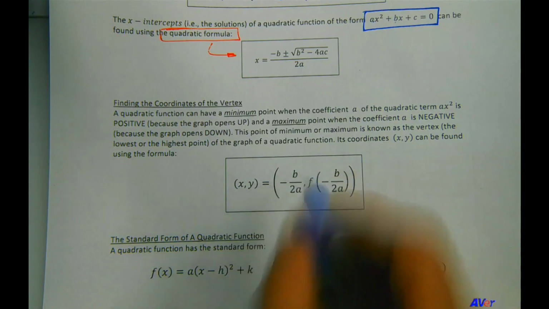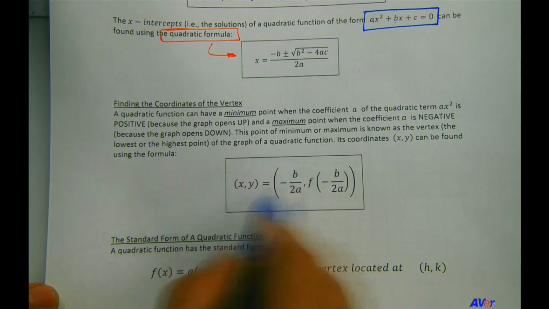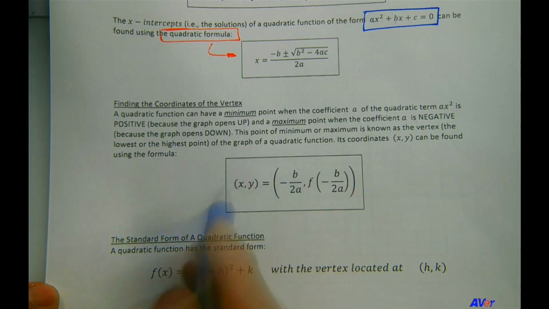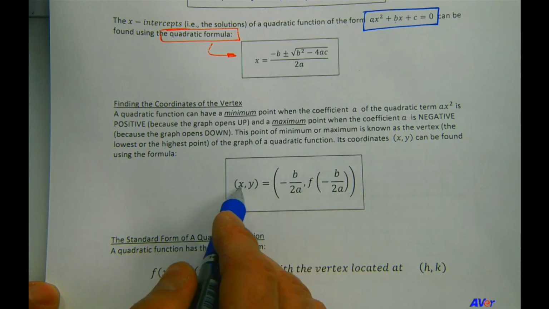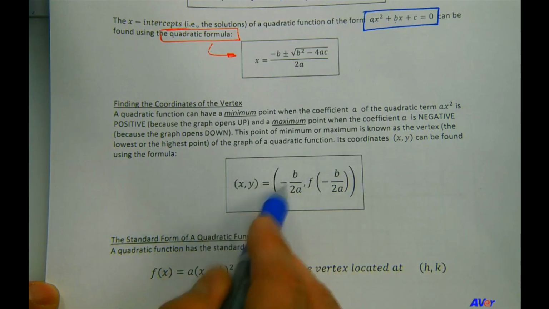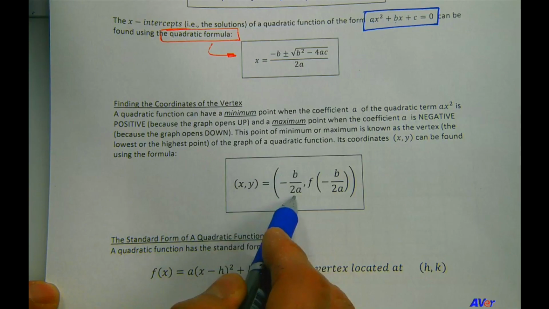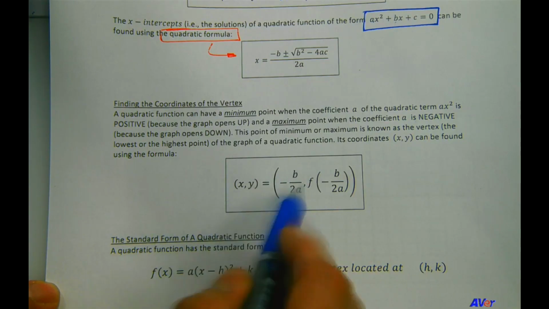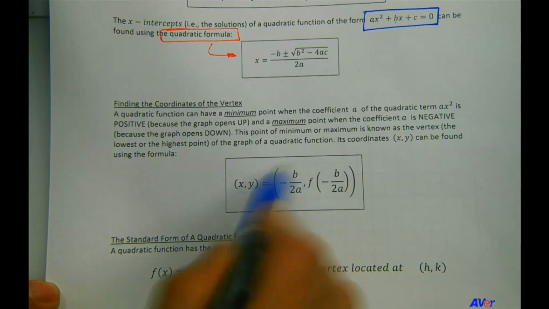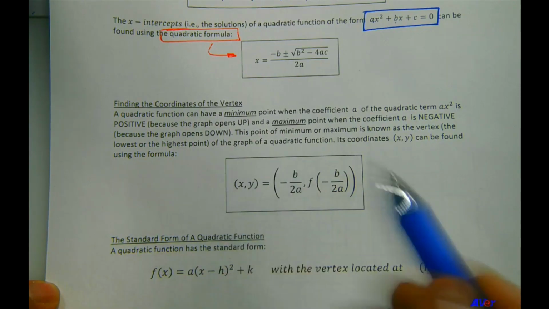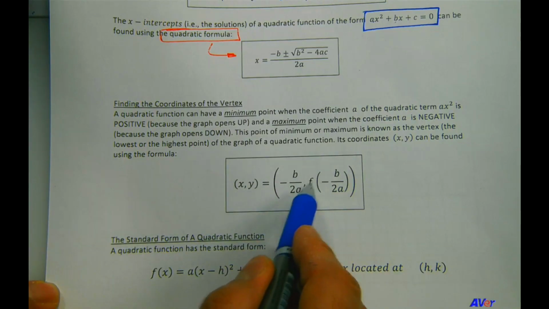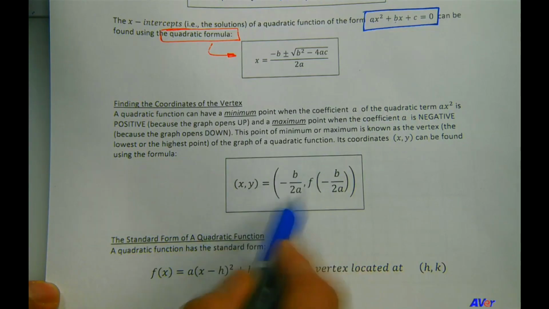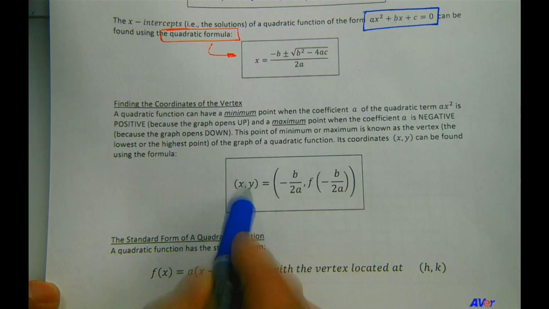For the x value, and x has a meaning in a word problem, x is equal to minus b over 2a, and then the y value is whatever you find as that x quantity, you put back into the function. The function evaluated at that value gives you the y value.